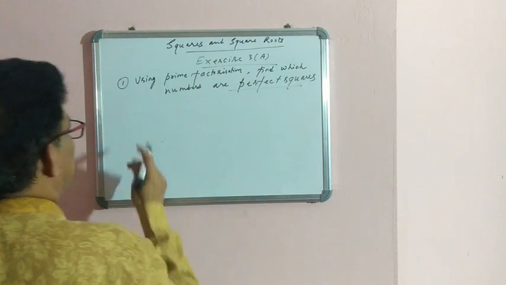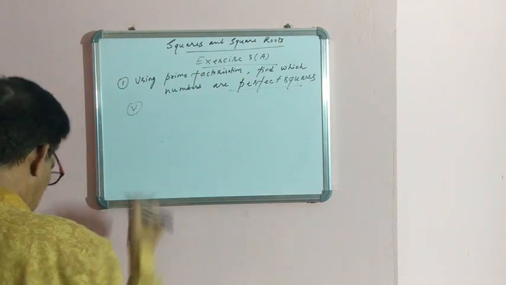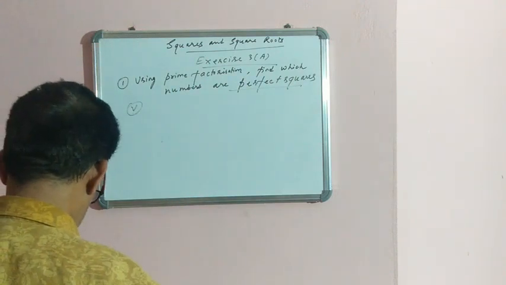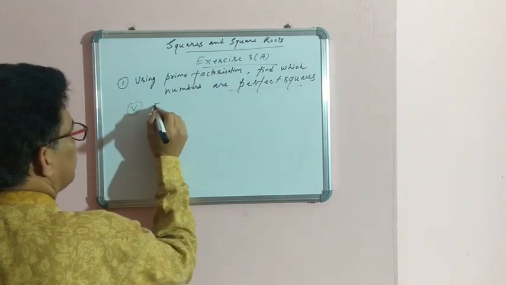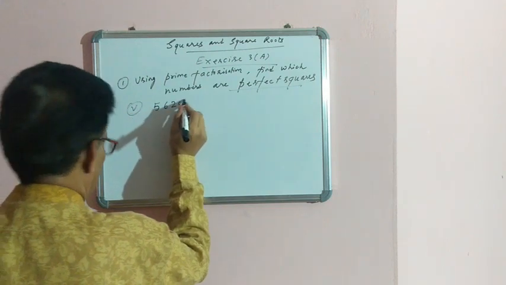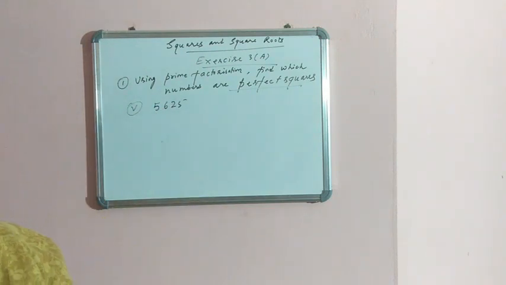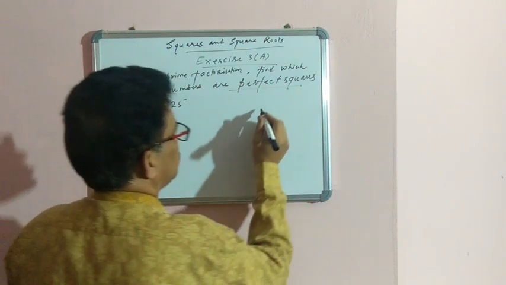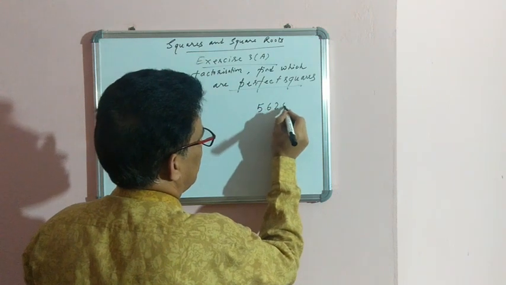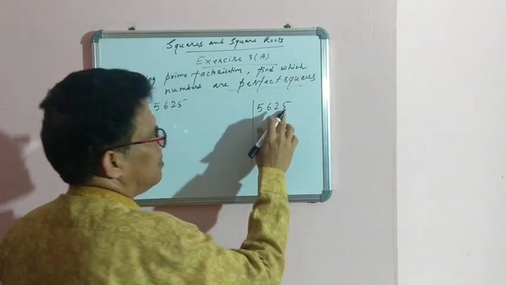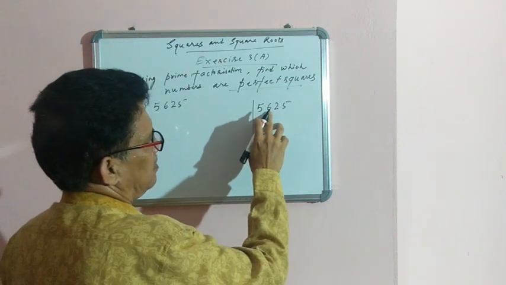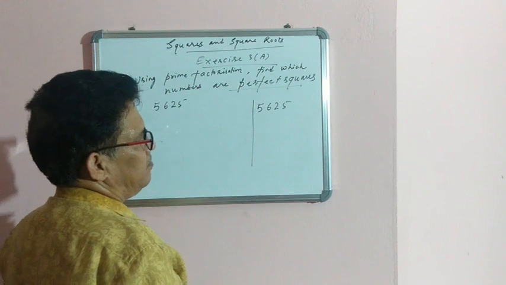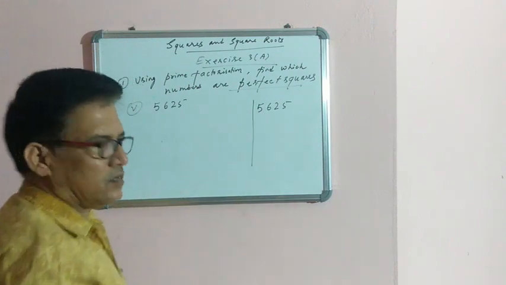Now the fifth part of this question. The number given is 5625. Now we will resolve this into prime factors. Check it: this is not divisible by 2. Now add the digits: 5 plus 6 is 11, 13, and 5, 18. So this number is divisible by 3.